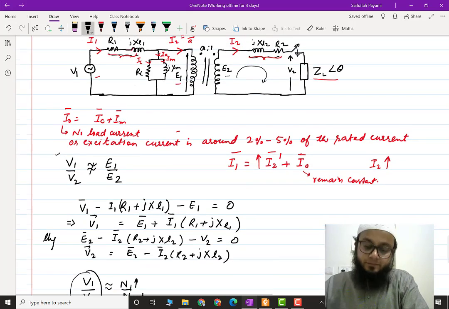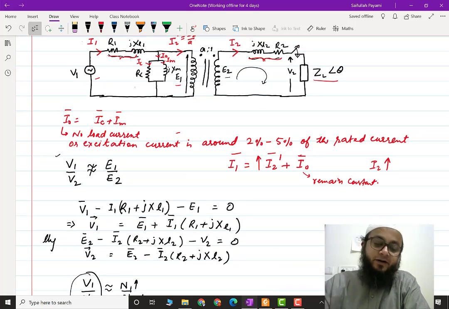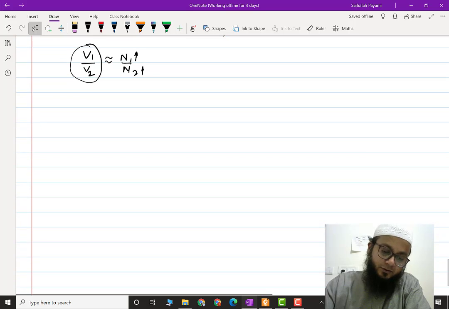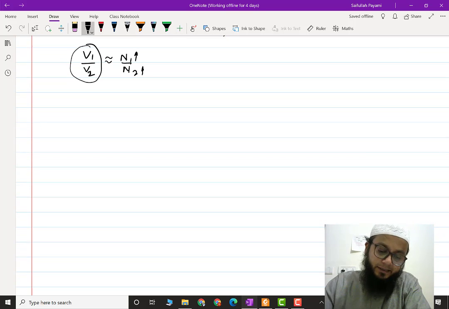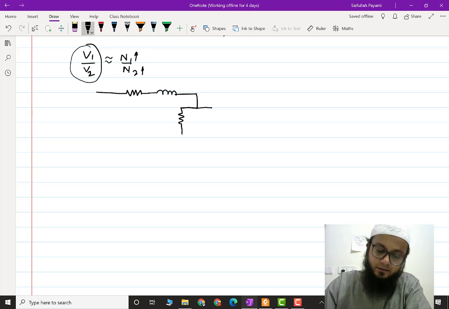And then we can refer these parameters of the secondary towards the primary side, or the primary side parameters towards the secondary side. If we refer those parameters, then let's say R1, jXL1, RC, and jXM.